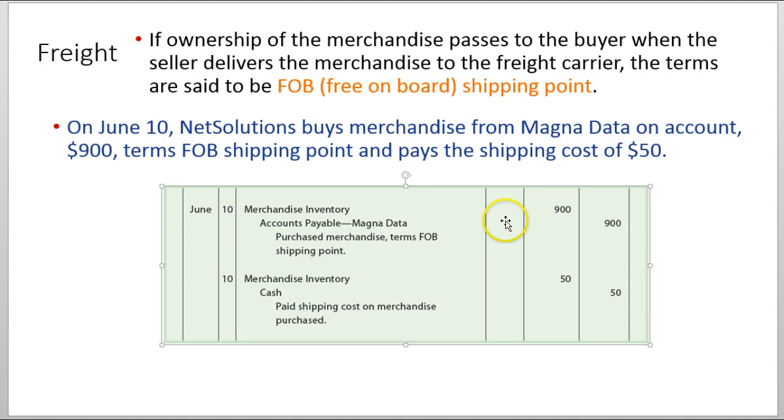So this first entry is how much the merchandise cost, and this is how much it costs to have it shipped to them. So the merchandise in total cost $950 according to this. And this should be better marked.